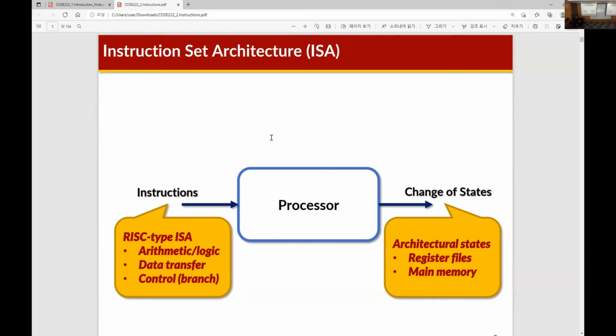Data transfer instructions are the ones that handle data in main memory. Only this type of instruction can touch the main memory. This is also a feature of the RISC type ISA.